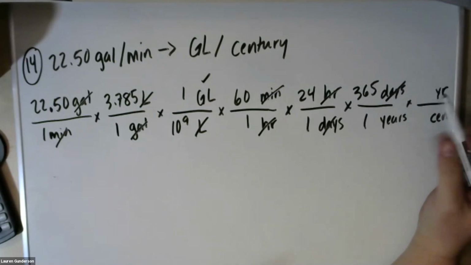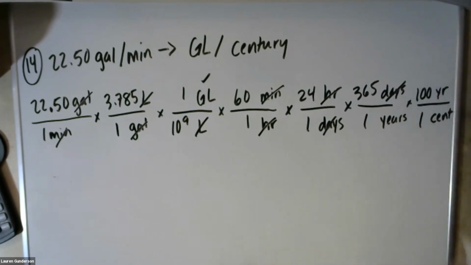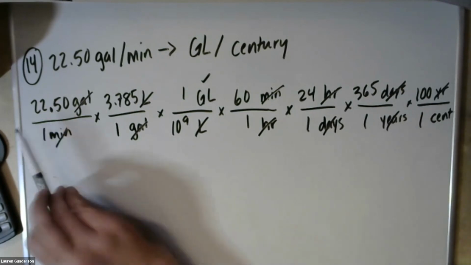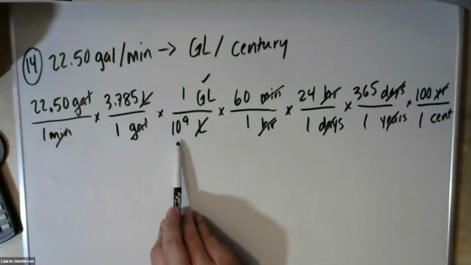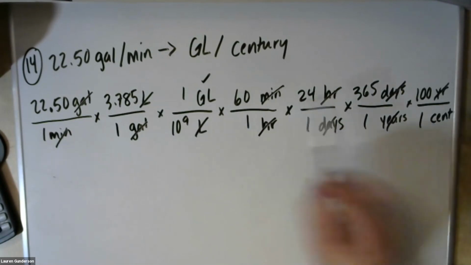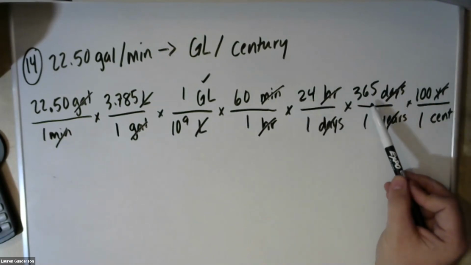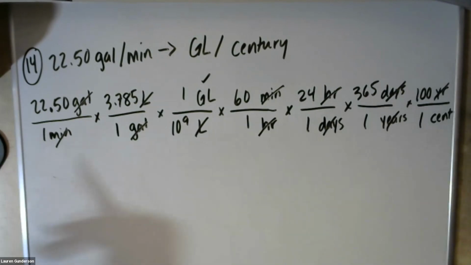I know that in every 1 century, I have 100 years. So now my years have canceled out. Okay, so I have 22.50 times 3.785 divided by 10 to the 9 times 60 times 24 times 365 times 100. Like I said, it's obnoxious, but you know, what are you gonna do?